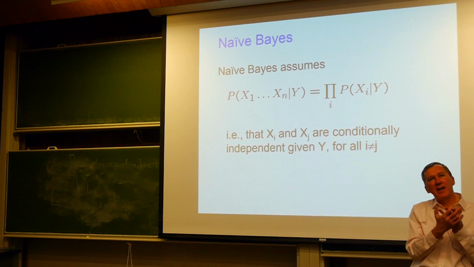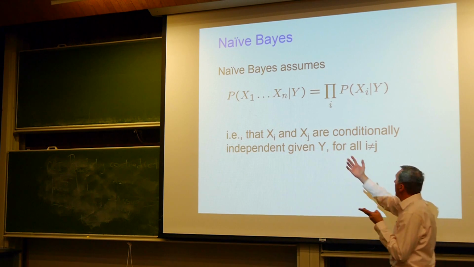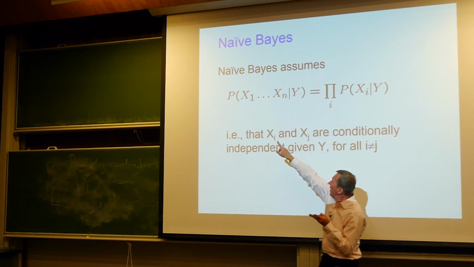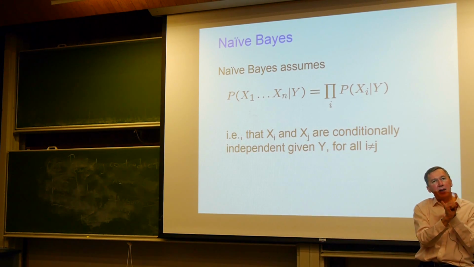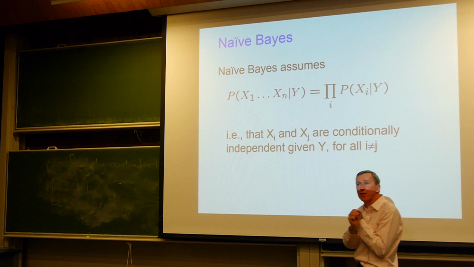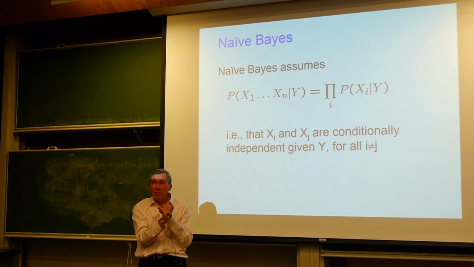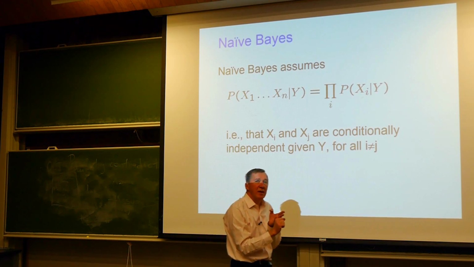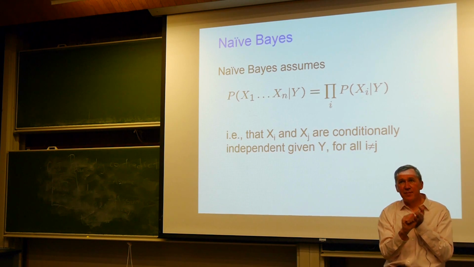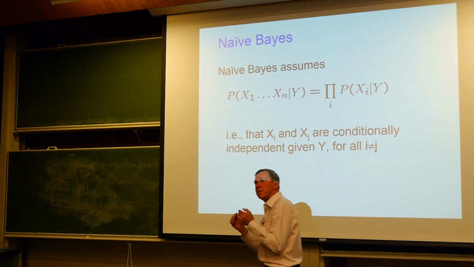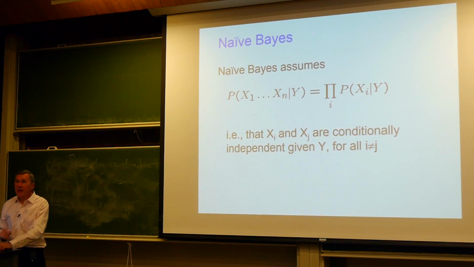So this is like saying the probability given wealth, that's y, of having a particular value for gender and hours worked is just the product of the probability given wealth of having a particular gender, times the probability given the same wealth of having a certain number of hours worked. Okay, so sometimes it's a reasonable assumption, and it is the basis for naive Bayes.